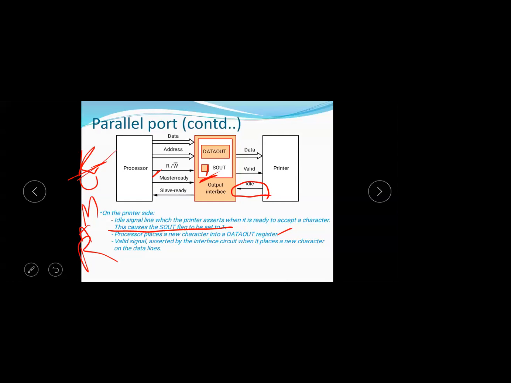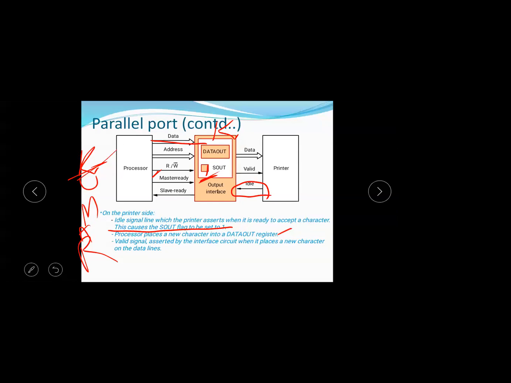Then the K will be transmitted to the data out register through the data lines. The processor places the character into the data out register.